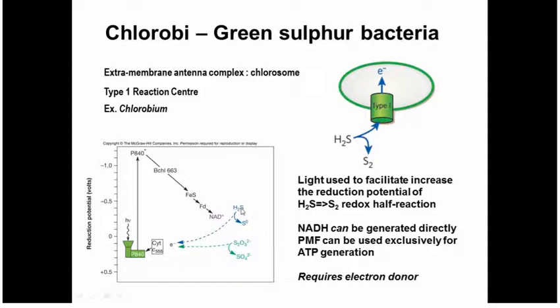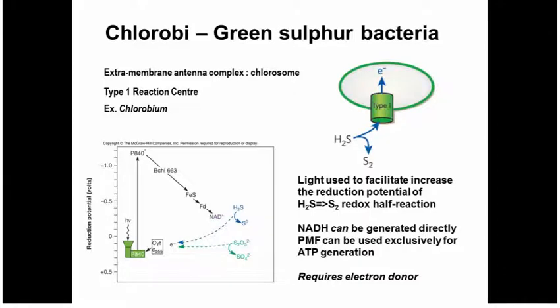The electron donor is hydrogen sulfide or thiosulfate. This is going to provide electrons, and the reaction center is going to boost the reduction potential of this electron so that it can be transferred onto NAD and produce NADH.